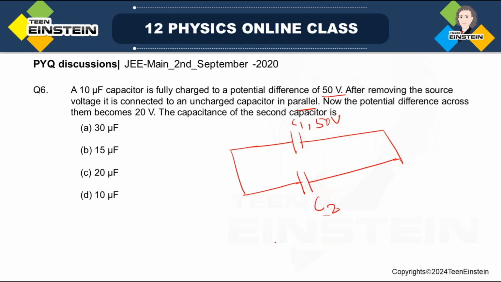Now the common potential difference is given, 20 volt. What is the capacitance of the second? See, in this case, this is actually redistribution of charges. Whenever a capacitor is fully charged, then disconnected and connected to some other capacitor in parallel, what you need to do is this.